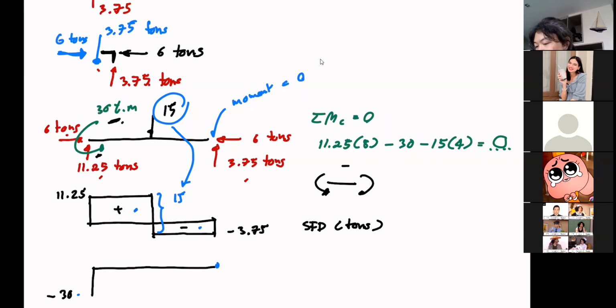So that this minus 30 value will go back up to 0. Okay, so let's do that. This area is 11.25 multiplied by 4, right? So that's 45. Am I right? Check 45, right? So minus 30. So that means we have a plus 15 here.